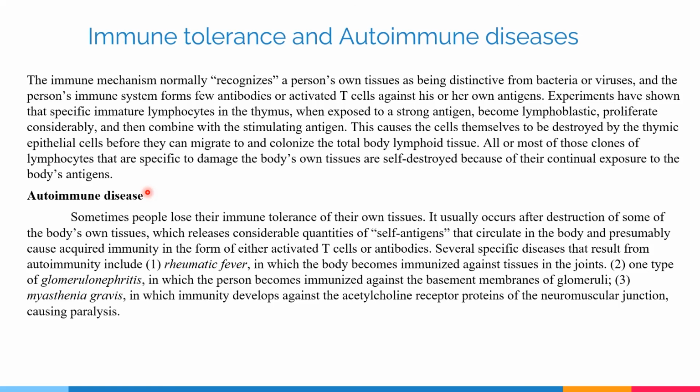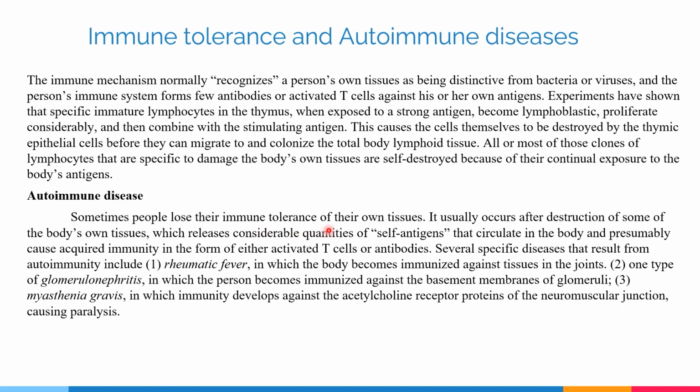Thus, the final complement of T cells that is released in the blood are ordinarily such that they cannot act against any self-antigen. So we move on to autoimmune diseases, which are the result of our body's immune system recognizing self-antigens and attacking them.